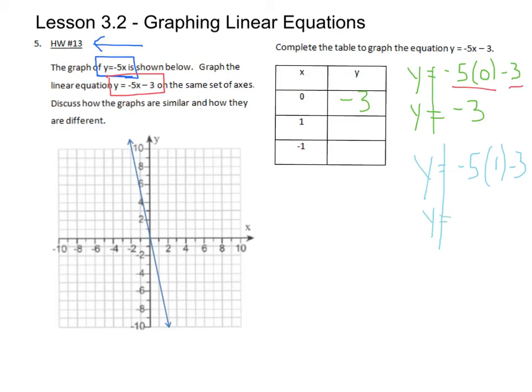Y equals, again, you can type the whole thing in on your calculator if you'd like. Negative 3 times 1 is negative 3. Negative 3 minus 3 is negative 6. And last but not least, let's do y equals negative 3x minus 3. This time they tell us x is negative 1.